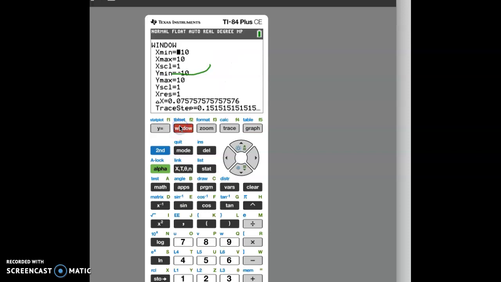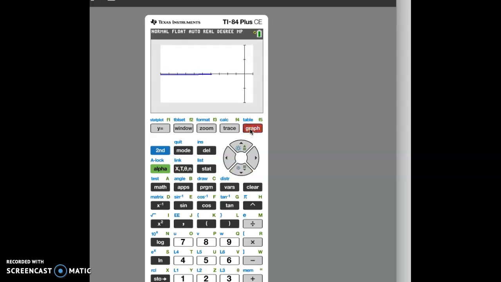All right, so for our window, let's say our x's are going from negative 10 to 1, where that vertical asymptote was, and our y's are only going from negative 2 to 2. See what happens there.